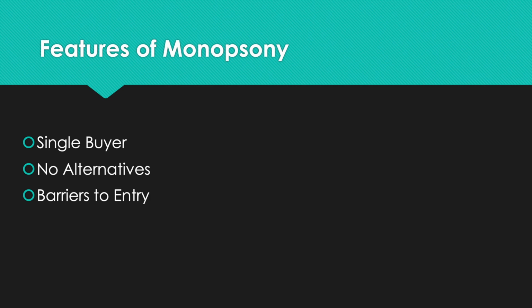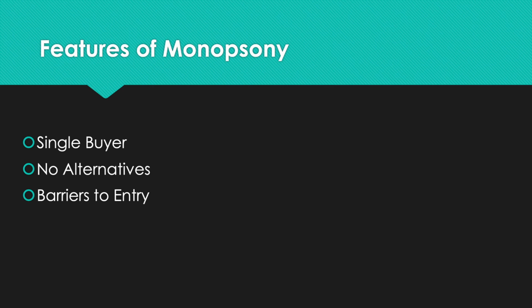Second is there are no substitutes or alternatives. So a monopsony achieves single buyer status because the seller has no alternative buyers for their goods, and this is the key characteristic that usually prevents monopsony from existing in the real world in its ideal form.